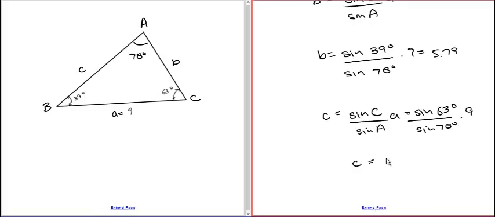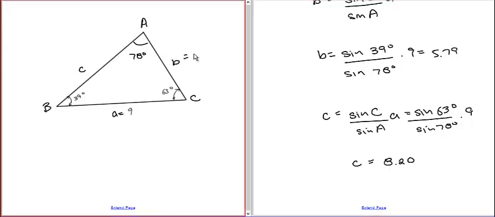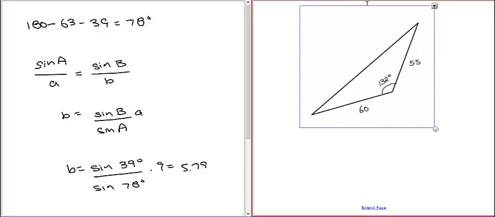That gives us C equal to 8.20. So we can put those on our picture, and again, we can look for order of ranking. Smallest angle, shortest side. Next smaller angle, next shortest side. Largest angle, largest side. So those all agree.